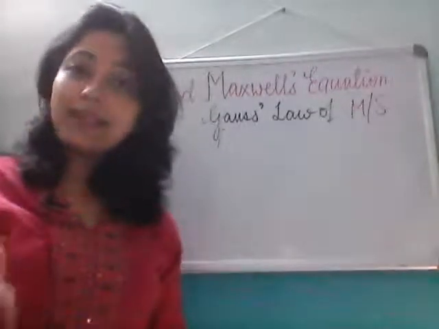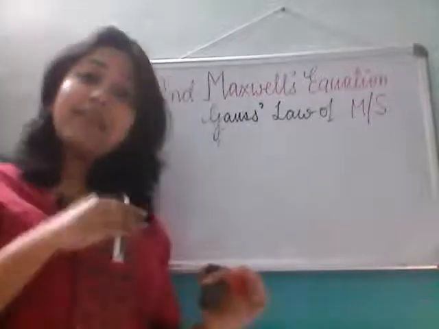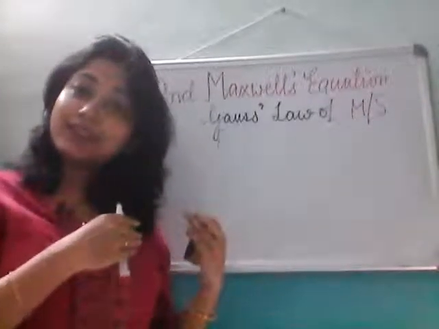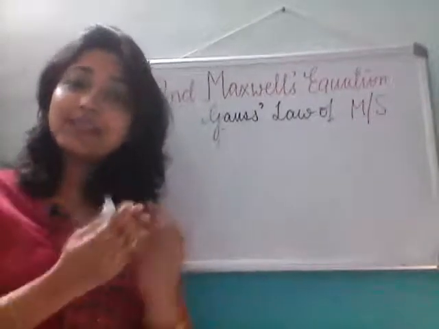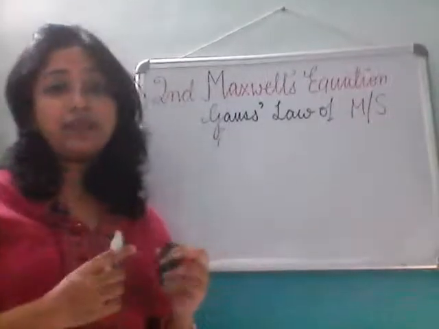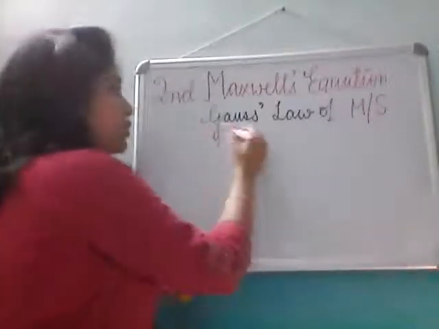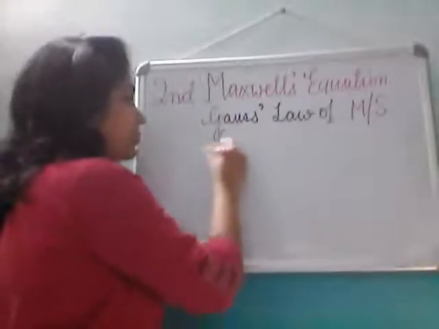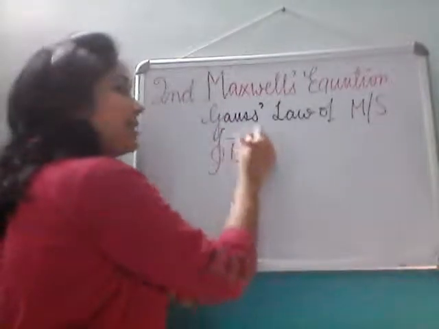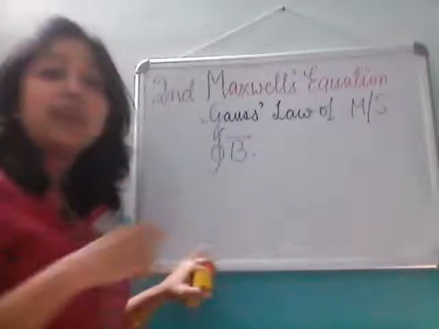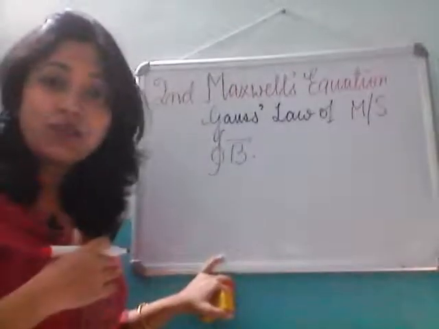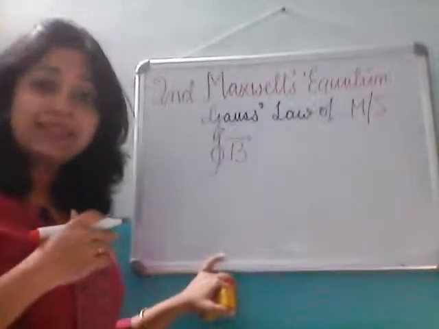And what does it state? It states that in the same manner we had found out the electric flux coming out of a closed surface, in this case, we will find out the magnetic flux. Alright, so if I have to find out the magnetic flux, what will I write? Since we are finding out the magnetic flux, the vector under consideration here will be the magnetic field induction.